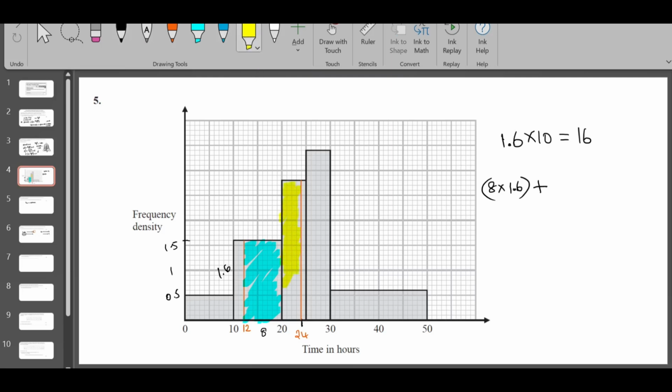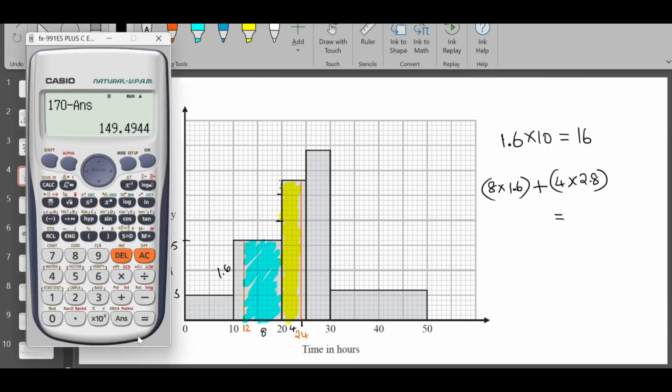The area of this bar: 24 minus 20 is 4, times the height, 2.8. That's the area.